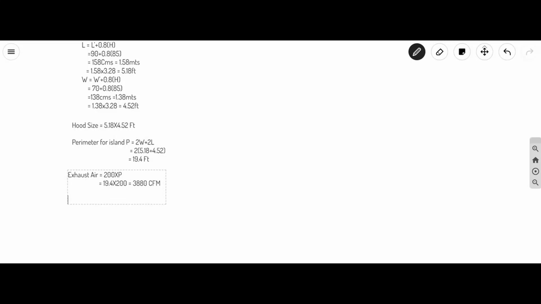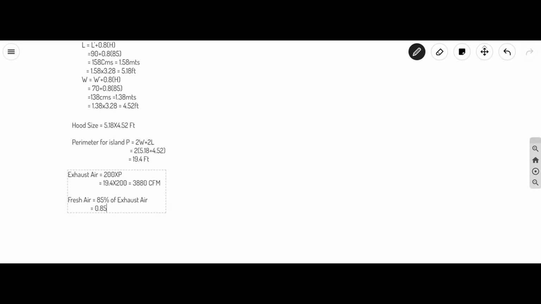Fresh air is equal to 85% of exhaust air, which is 0.85 into 3880.